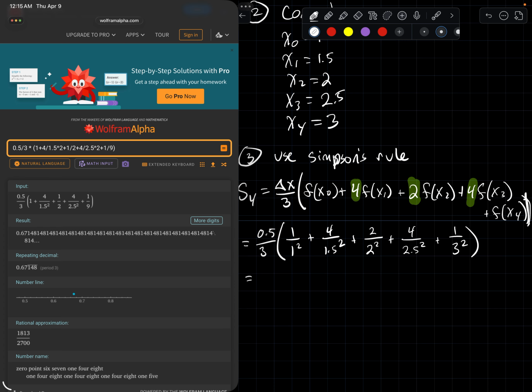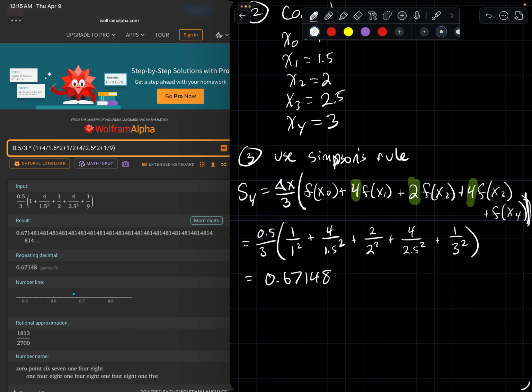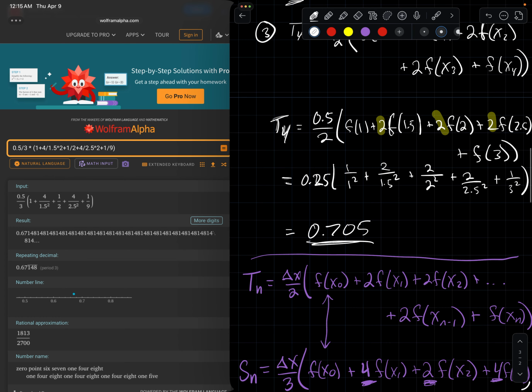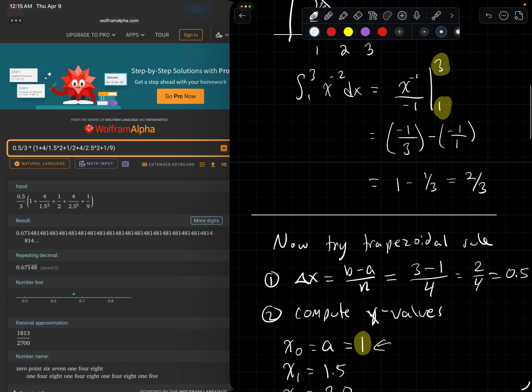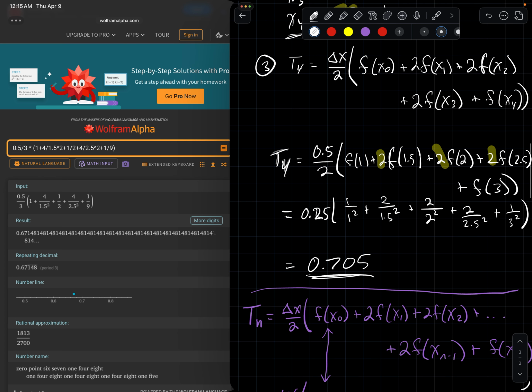Sorry if that was loud, I was closing the keyboard. So then we have 0.67148. That's our approximation. We should remember that our correct answer was 2/3. The trapezoidal rule, which was one of our best methods before, came up with 0.704, which is pretty close to 0.67.